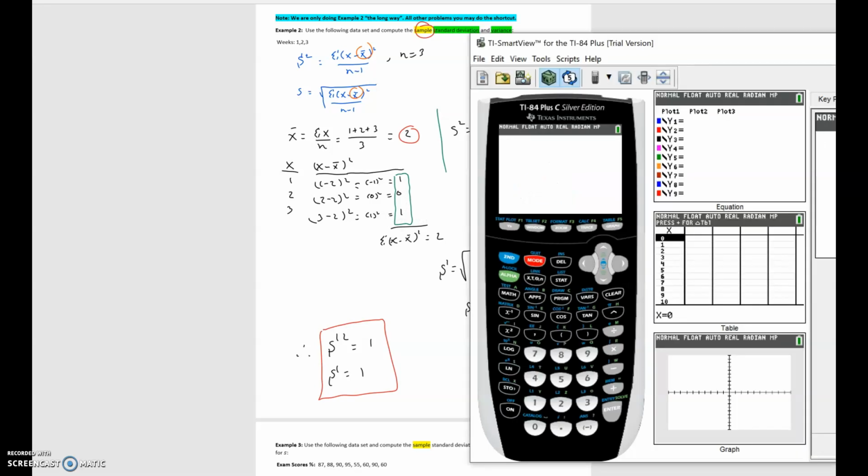So all you need to do is the following. Enter the data set into any of the lists. In this case, I have it under L2: 1, 2, and 3. And then run a one variable stats.